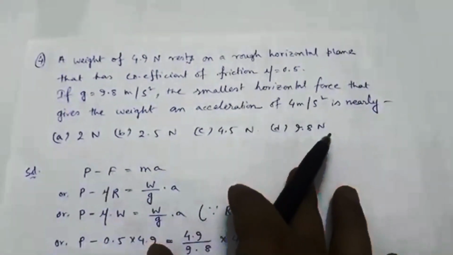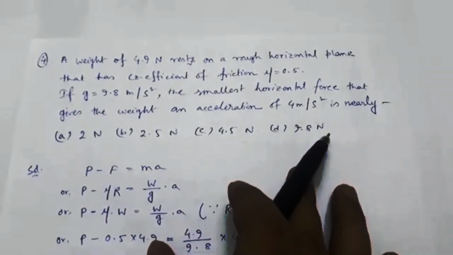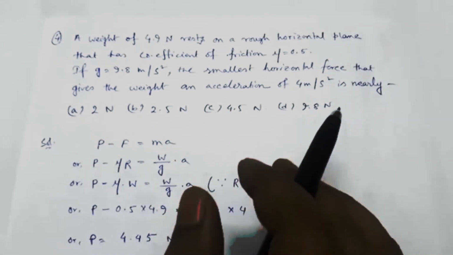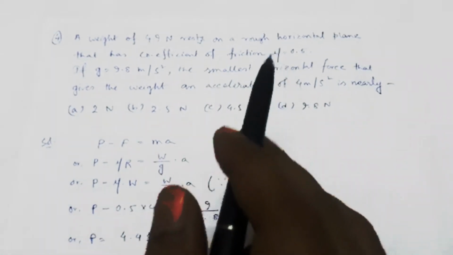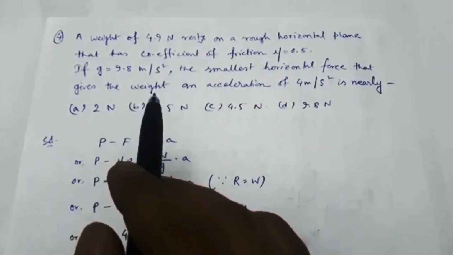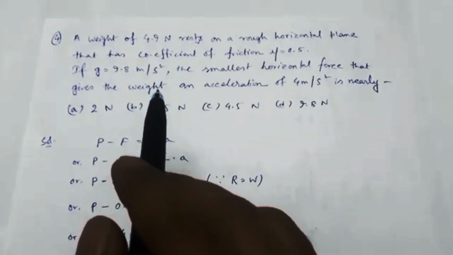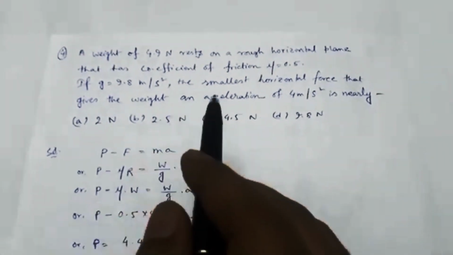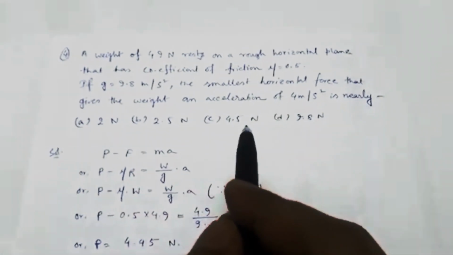These are the four options. The coefficient of friction is 0.5 and g is 9.8 meter per second square. So we have to find the value of the smallest horizontal force.